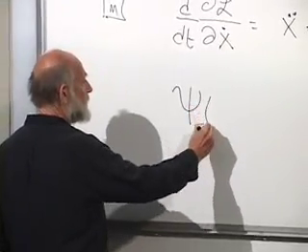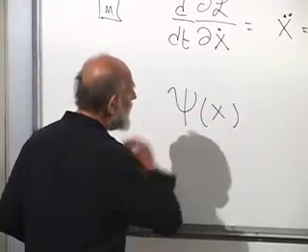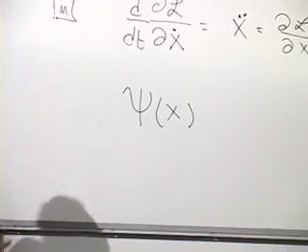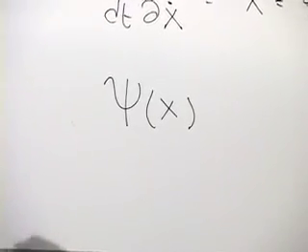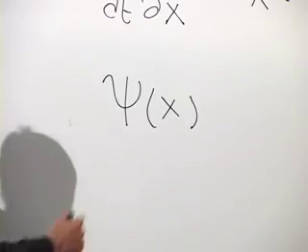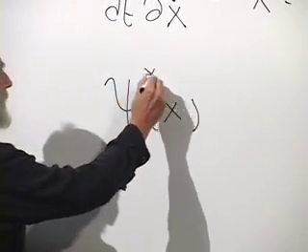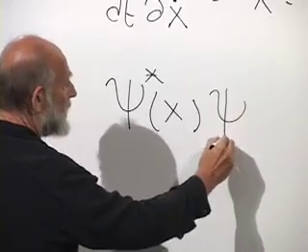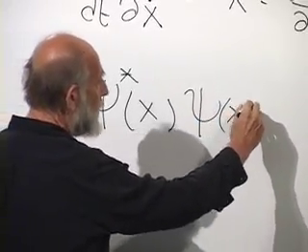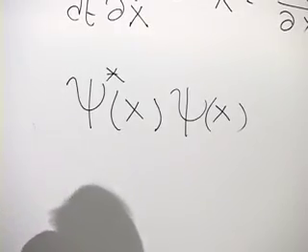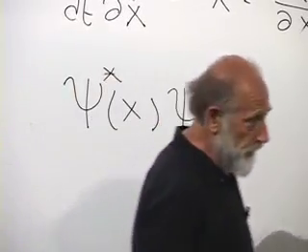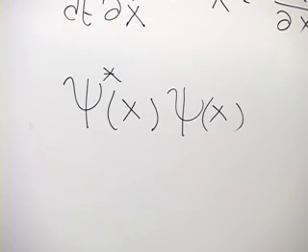Psi of x, which is the amplitude to find the particle at position x, defined in such a way that psi star of x times psi of x is the probability density to find the particle located at a position x. The probability density, the probability per unit interval.